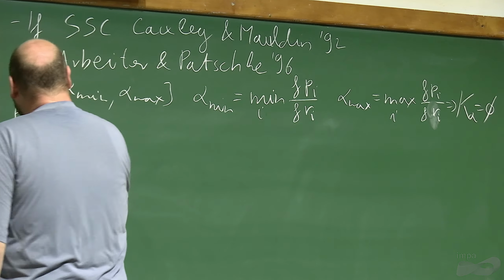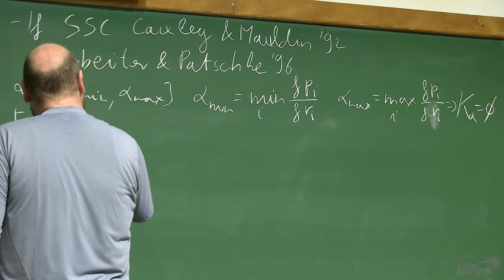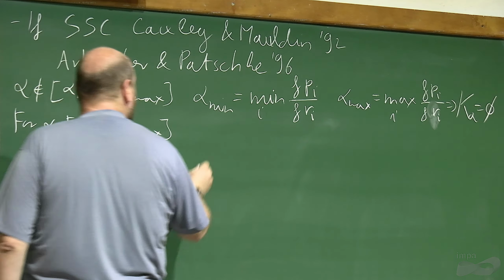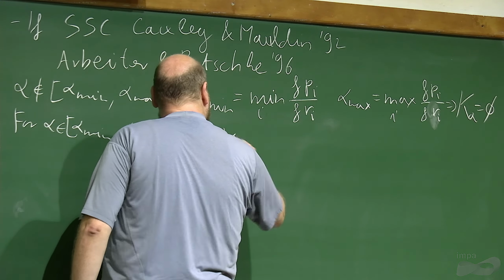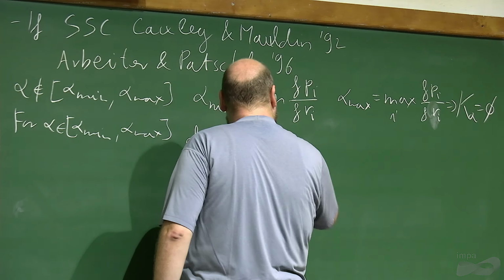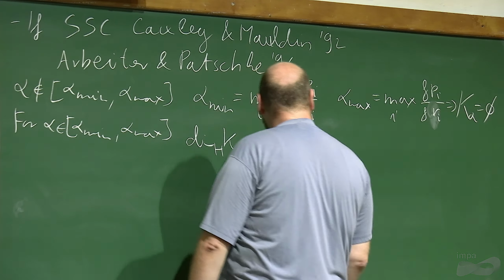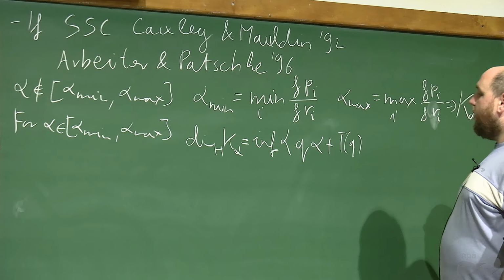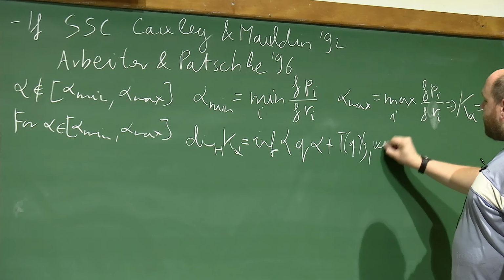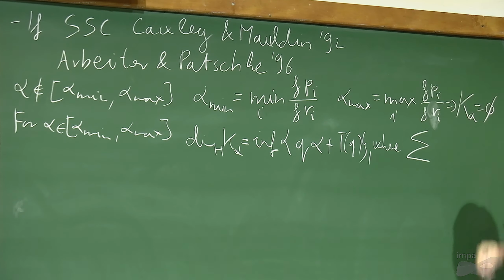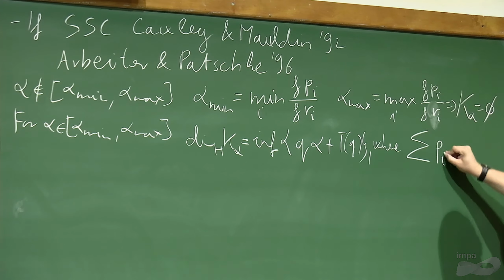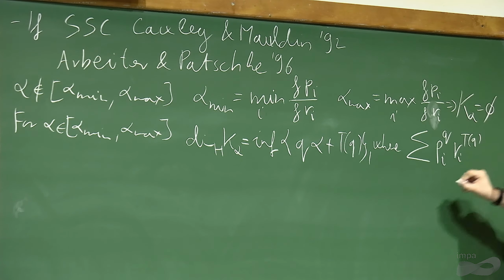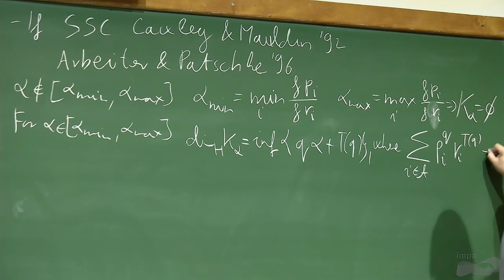On the other hand, for alpha values between alpha min and alpha max, the Hausdorff dimension of this set is the infimum, so it's a Legendre transform of some certain function t(q), and I tell you what t(q) is: it is the unique solution of the following equation, the sum of p_i to the power q times r_i to the power t(q) equals 1.